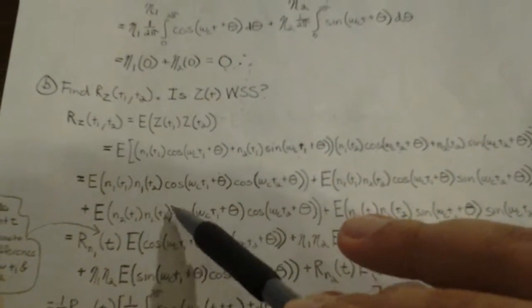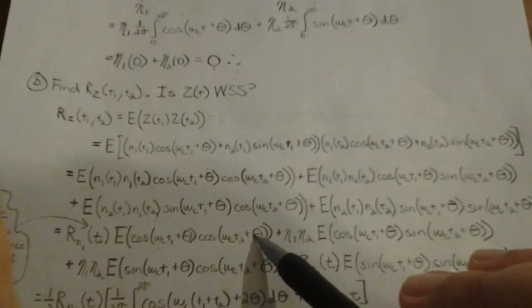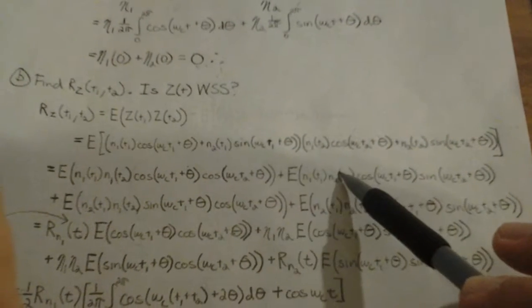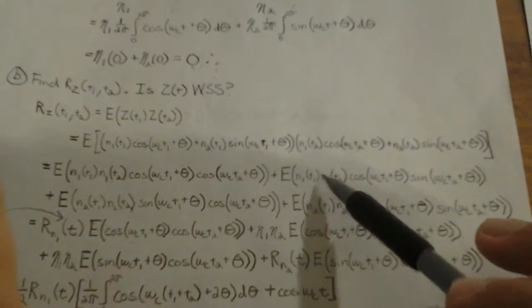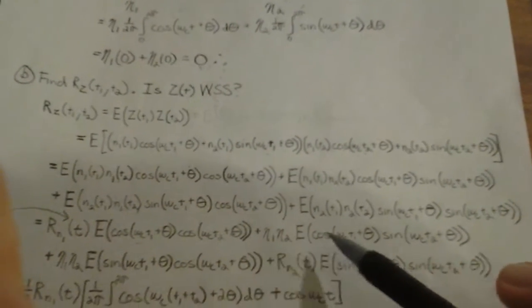On the other hand, e of this term right here, the product of the two cosines, we bring down. Similarly, because these are constants, we can bring them outside the function. N1 and N2.